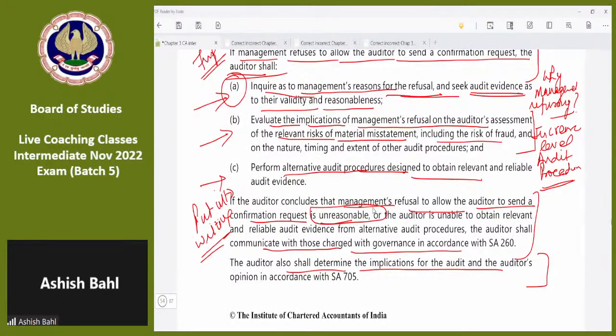However, if I am not satisfied with the reasonableness of the management's refusal, then I shall communicate with the persons responsible for governance, those charged with governance, and I would assess what the effect would be on my opinion ultimately, and I may have to modify my opinion.